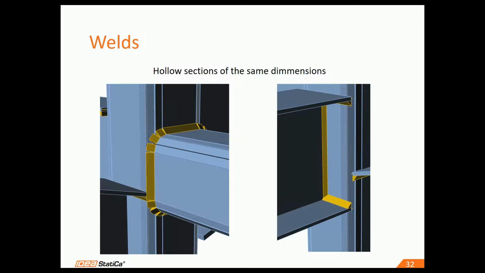And the welds are really improved: you can use the weld around square hollow sections and weld the same sections together which are perpendicular. So, for example, beam and column of the same sections can now be welded very easily.